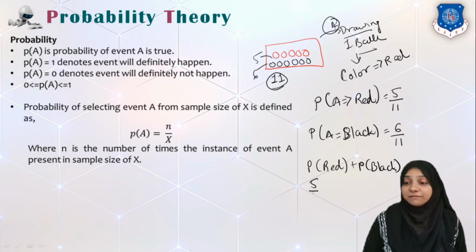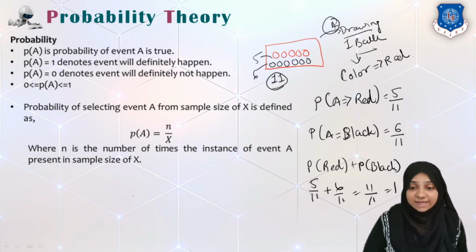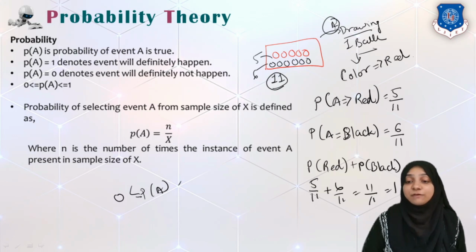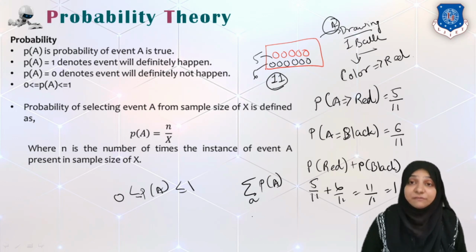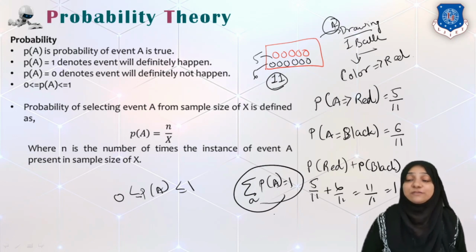That is, 5 by 11 plus 6 by 11 is equal to 11 by 11, which is equal to 1. So for any event, the probability always ranges from 0 to 1, and the summation of probabilities of the different outcomes of an event is always 1.